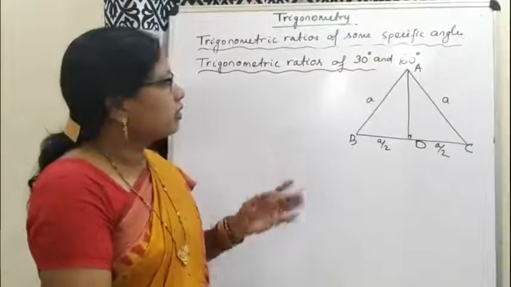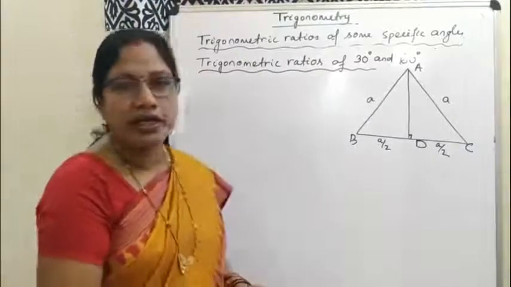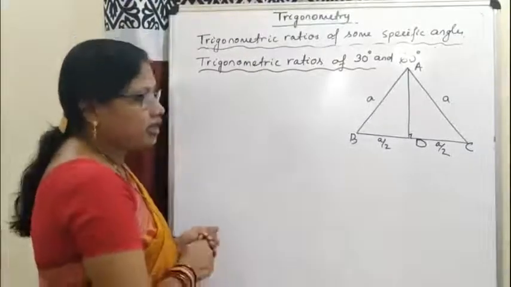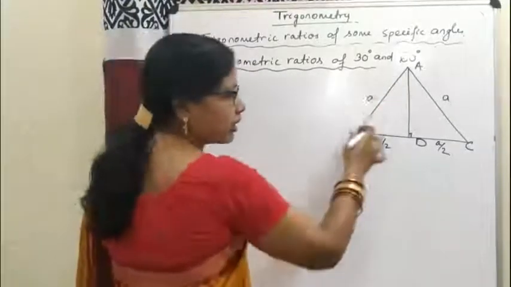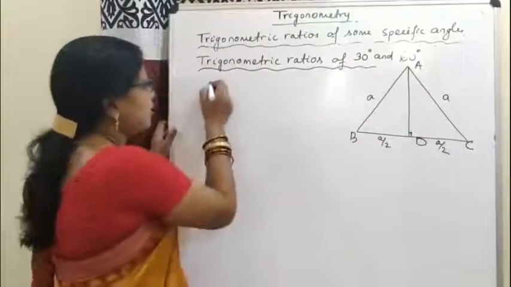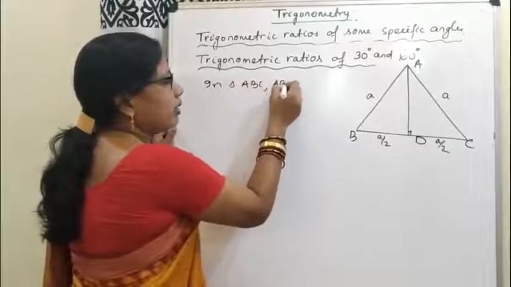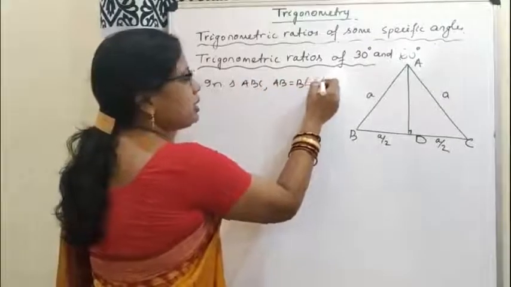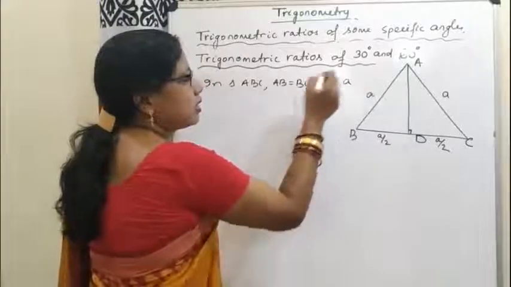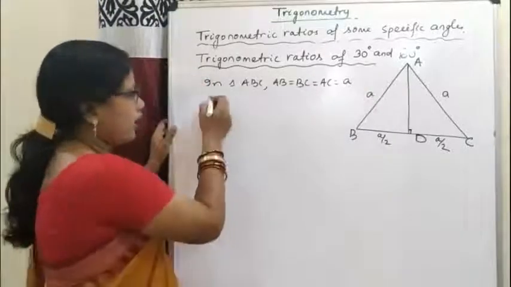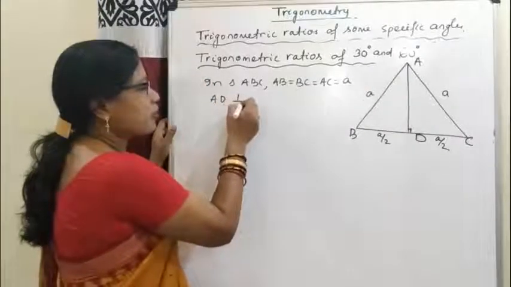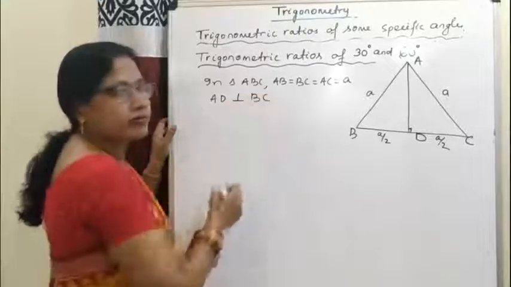Let us find the trigonometric ratios of 30 degree and 60 degree. For this, I have constructed an equilateral triangle ABC. In triangle ABC, AB is equal to BC is equal to AC is equal to a. And AD is perpendicular to BC.